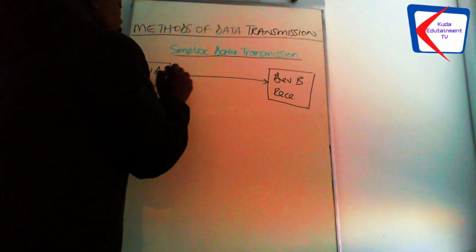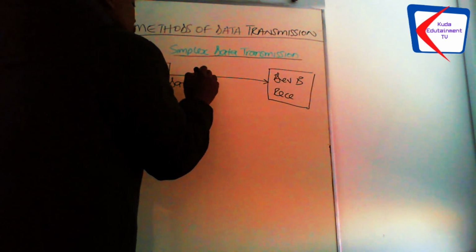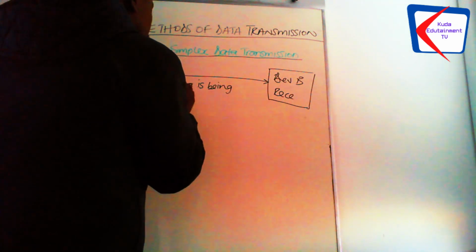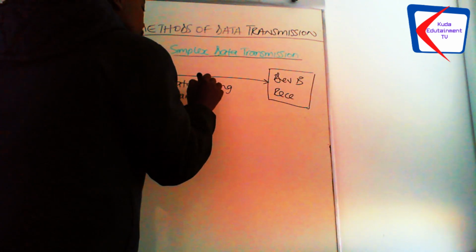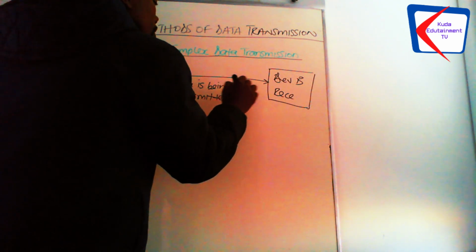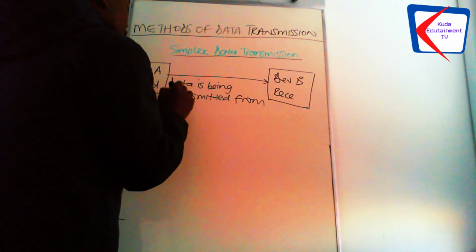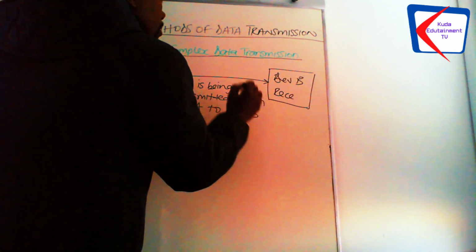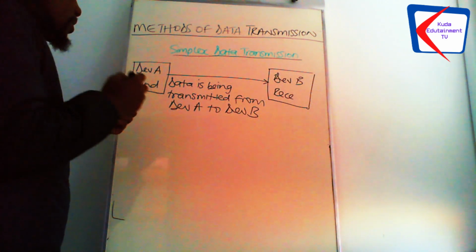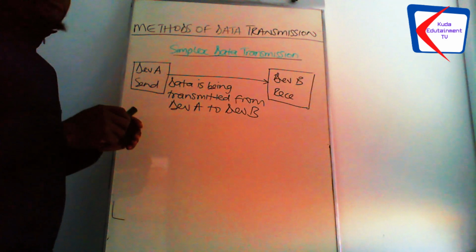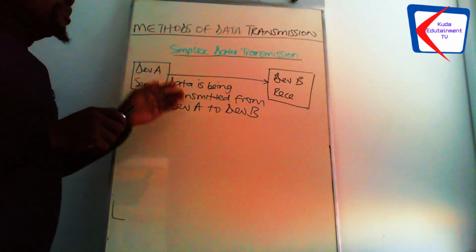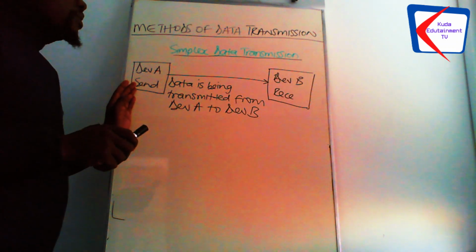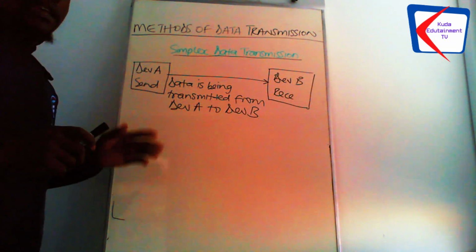So we can add on some information. Data is being transmitted from device A to device B. So this is simplex data transmission. It only applies when there is no need for us to transmit data from device B back to device A. Remember, we said it only transmits data in one direction.